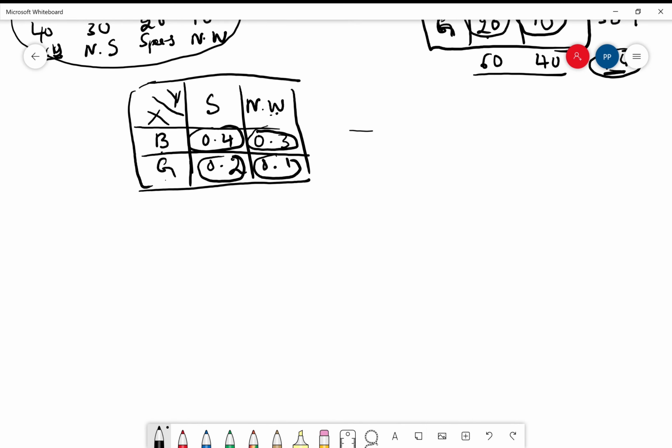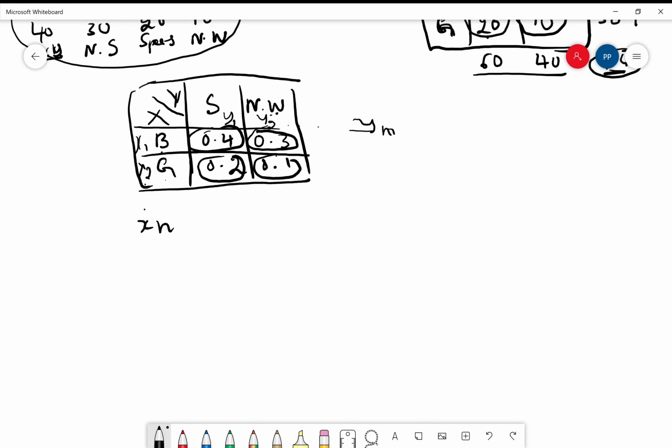Now, to get a general one, we extend this x1, x2 to xn, and we extend this as y1, y2 to ym. In the simple example, I have taken two variables such that they take only two values each: wearing specs or not wearing specs, and only two genders. We can also come up with examples where X can take more than two values, and Y can take m number of values.